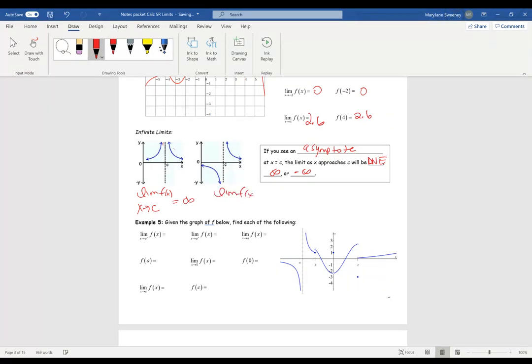For this one, the limit as x approaches c would be does not exist, because from the left we're going to negative infinity and from the right we're going to positive infinity. So those are different. Sometimes people say the limit doesn't exist in either of these cases because infinity is not a value. It just depends. Different books do different things with that.